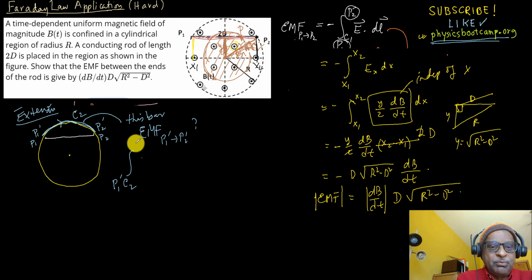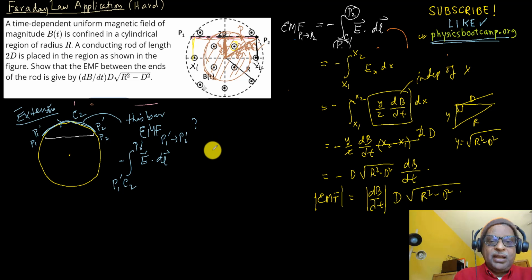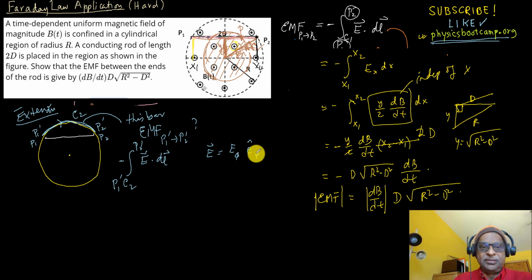So P1 prime to P2 prime, and we need to do E dot dl and take a minus sign. That's the answer. And the E induced was E phi, E hat phi. What is E phi?